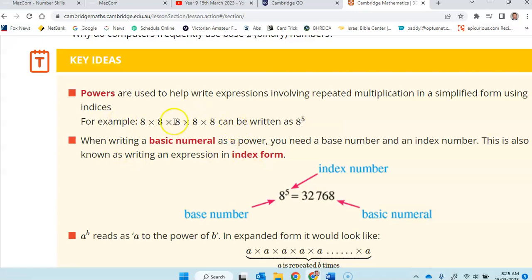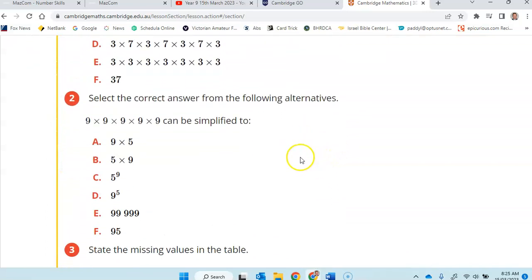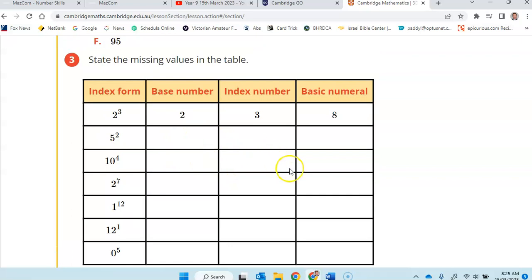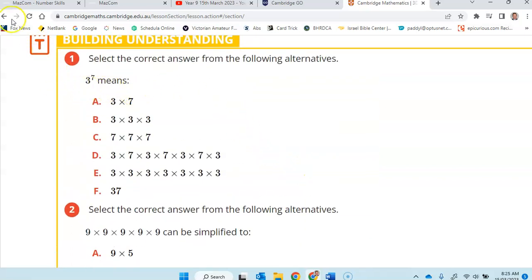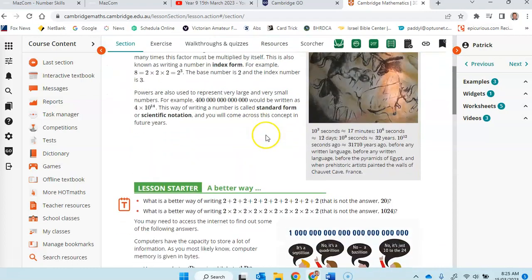So this is what we call expanded form, and this one is what we call index notation form. So you're able to understand that. We went through some of these yesterday, and you should be filling this table in. This is in the textbook.